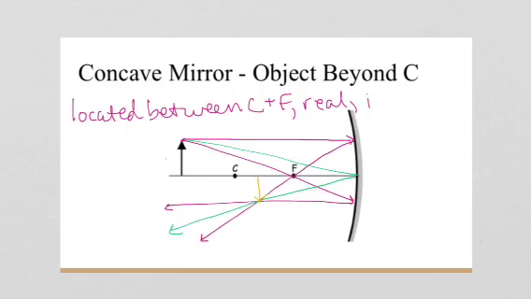It is inverted, meaning it is upside down. And it's actually smaller, or reduced in height. This image arrow is smaller in height than the object was.